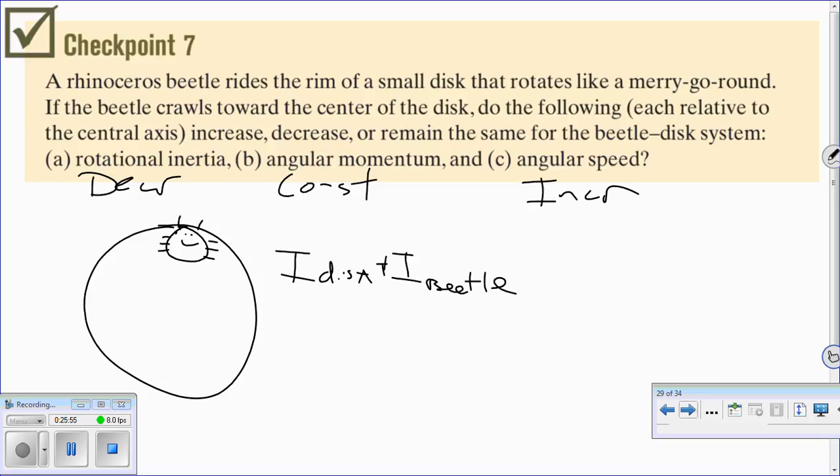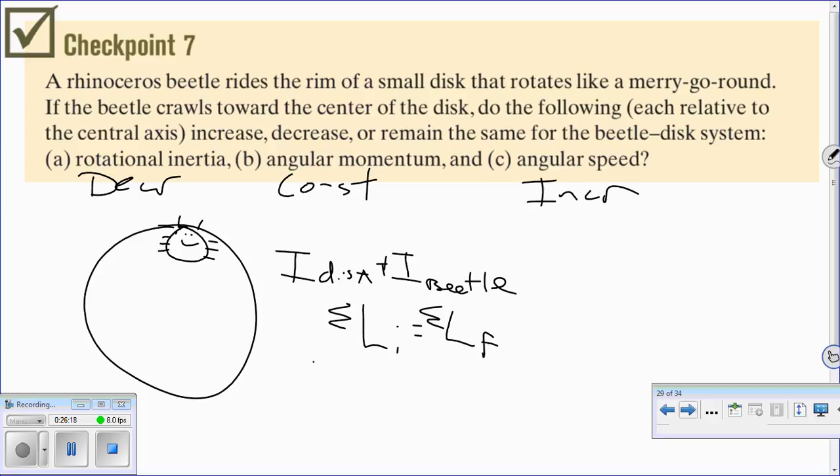All right. So most of the problems, you guys, basically are this. L initial equals L final, right? Starting angular momentum equals ending angular momentum. I guess I should put a sigma in front to indicate total.